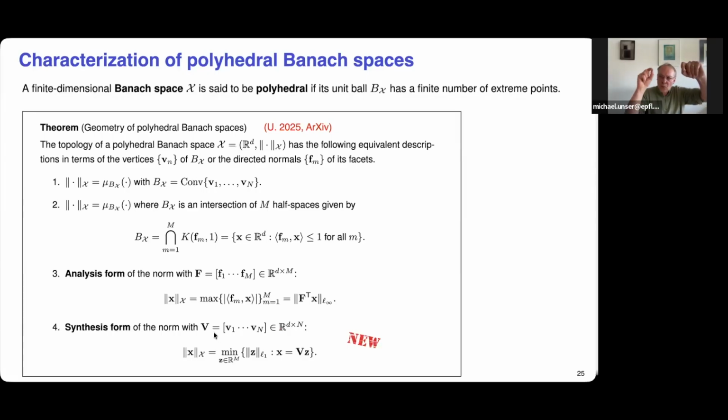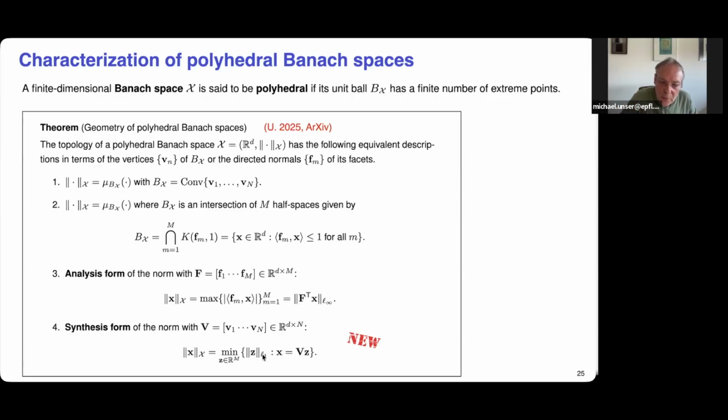Now, if you knew the vertices of your polytope, you have this norm here. This should remind you of compressed sensing, because essentially we use the vertices as a dictionary. We are trying to represent the vector X in the dictionary, and we're looking for the code word that is the sparsest.